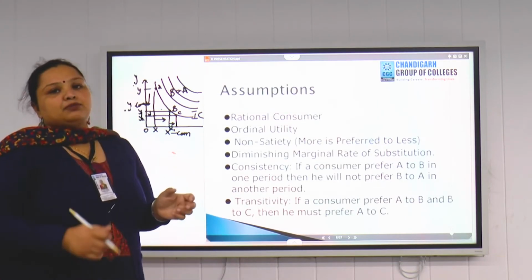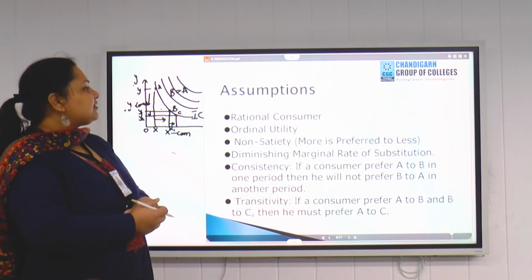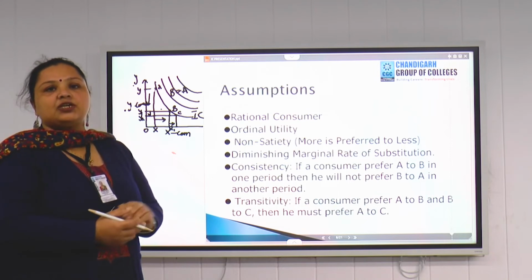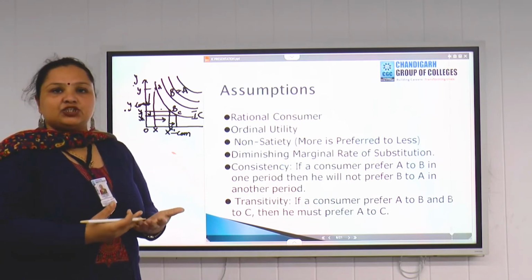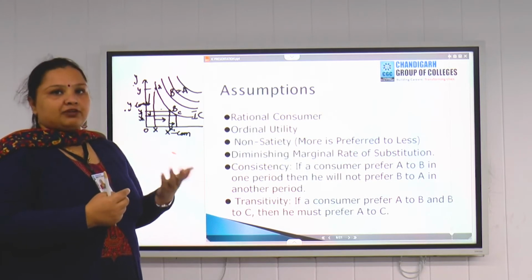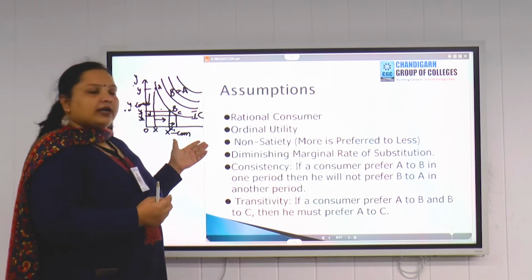Now next, assumptions. The assumptions of indifference curve: first, the consumer is rational. We always assume in economics that the consumer is rational. He spends after thinking and his thinking is rationalized. Second, ordinal utility.